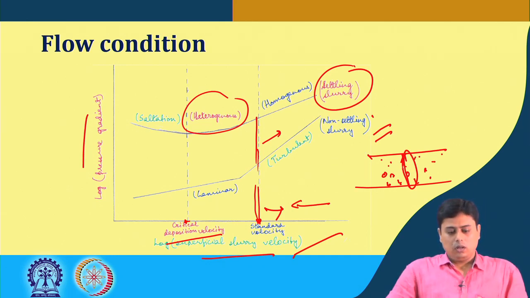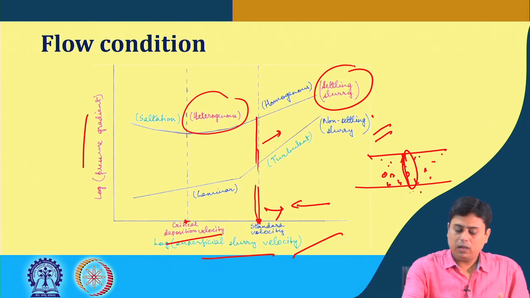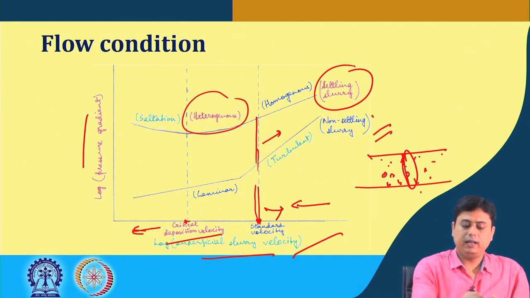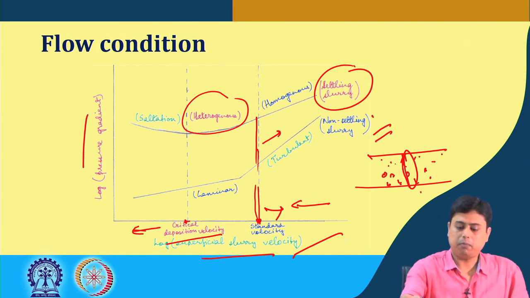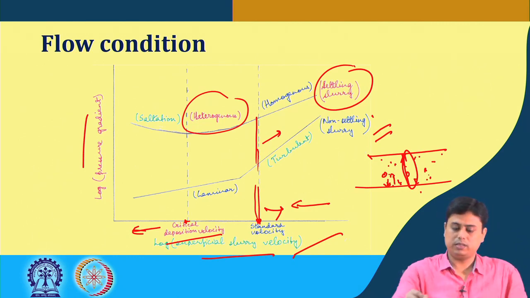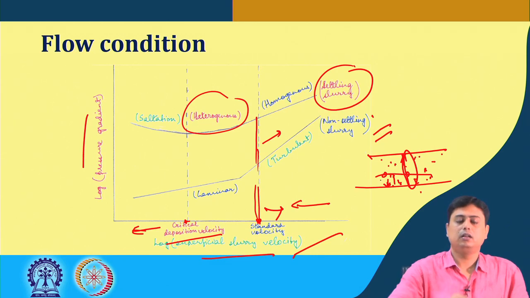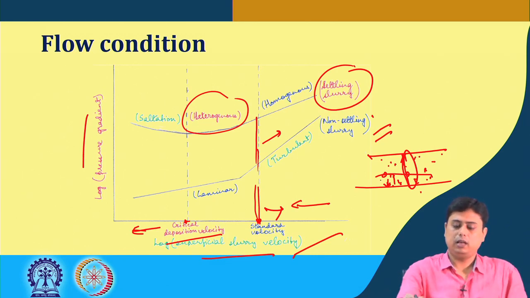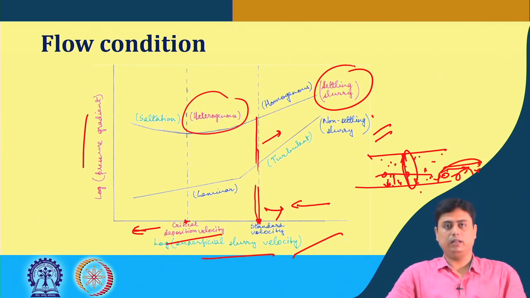If we go below a certain velocity, which is called the critical deposition velocity, these particles settle, and once they settle we have the saltation regime. That means now these particles, as they flow, roll, slip, and jump over one another.